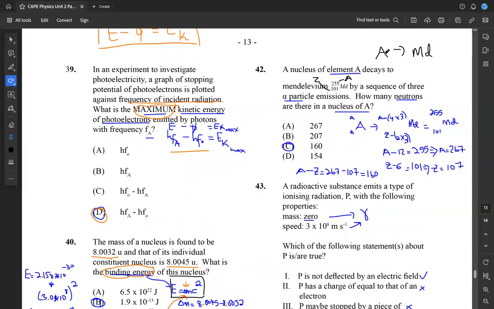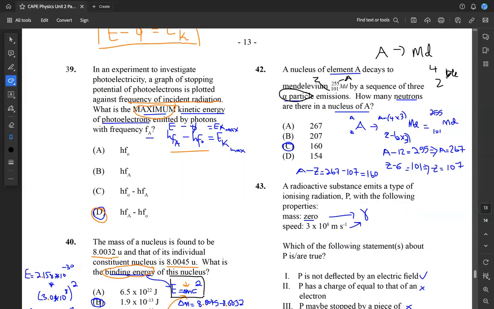So the way that we're going to go from A to mendelevium is when we do a sequence of 3 alpha emissions, right? Remember, alpha is 4 2 He. So A is going to give out this 3 times in a row, right?